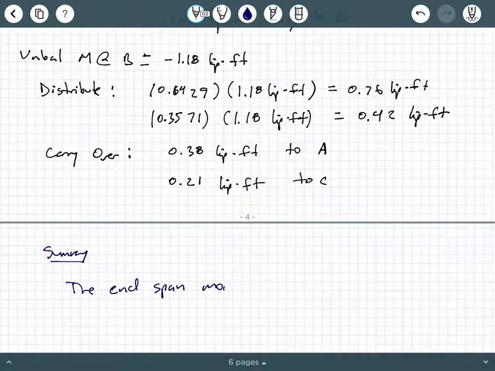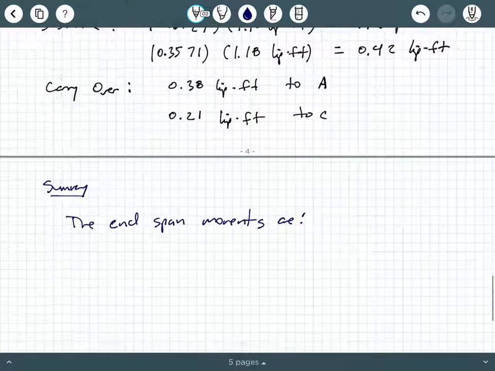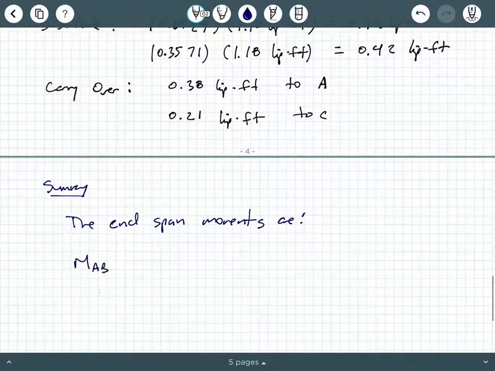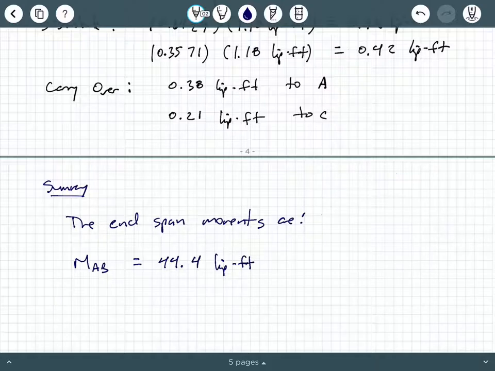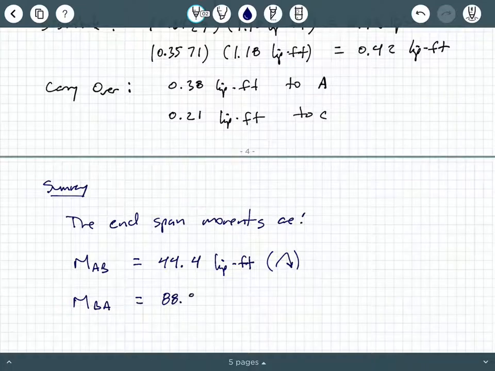So if we want to make a summary based on what the problem asks for, then we have the end span moments are the following. We have MAB, which was 44.4 kip feet. It was positive, so it's rotating clockwise. Okay, and then we have MBA.